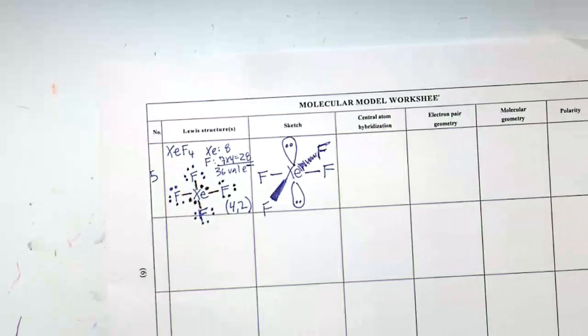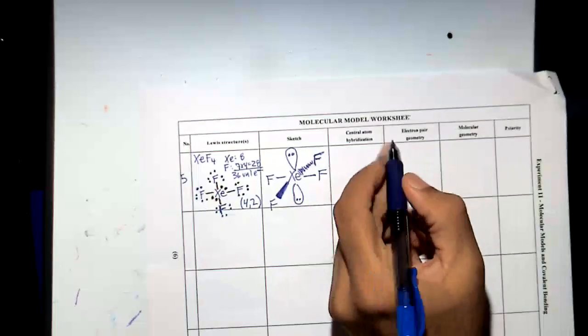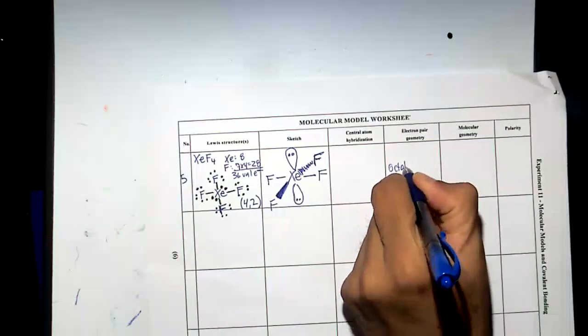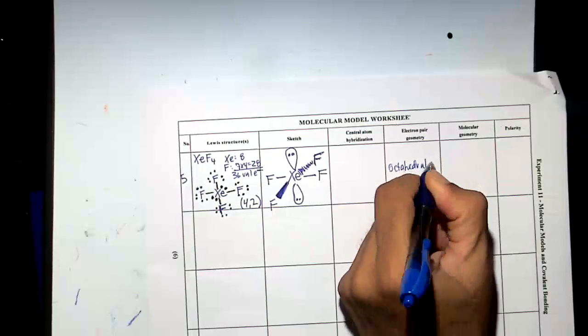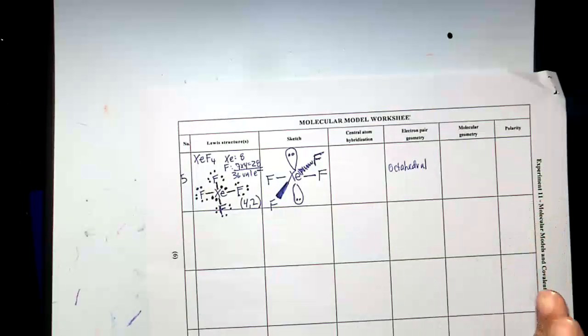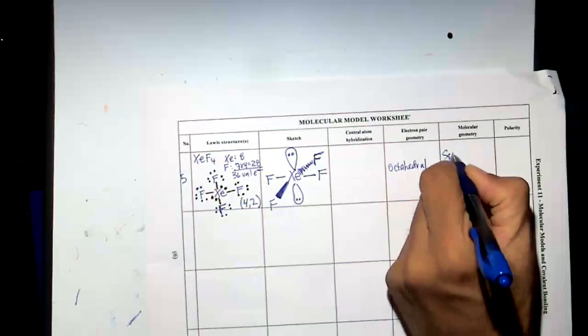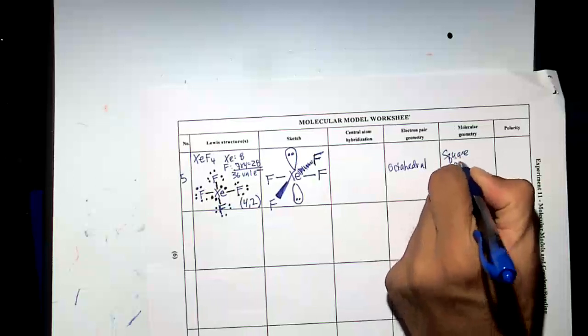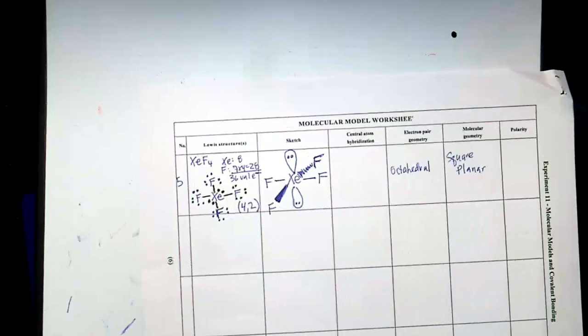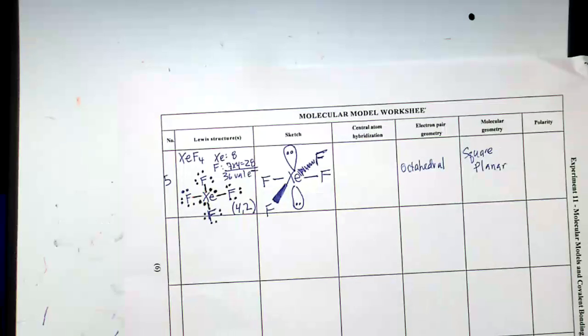All right, so the electron pair geometry is octahedral. And the molecular geometry is what, one more time? Okay, square planar. What's the central hybridization? Okay. 4 bonds, 2 lone pairs.